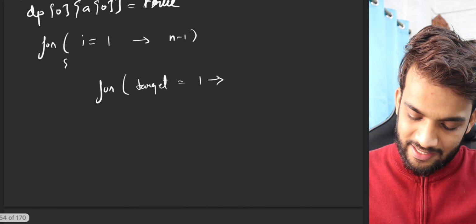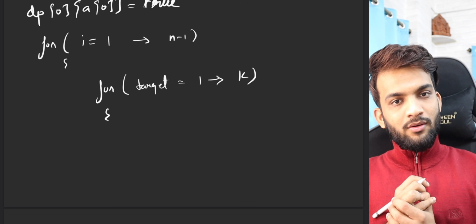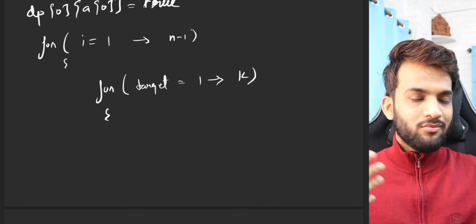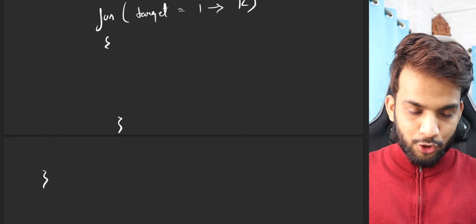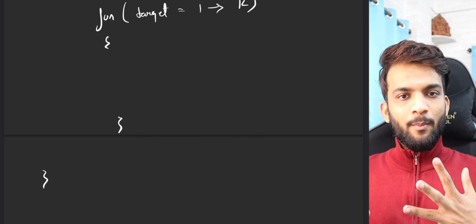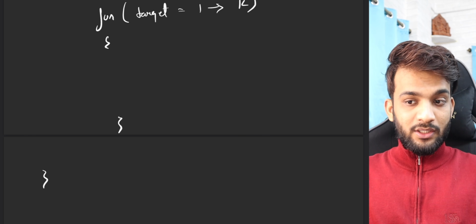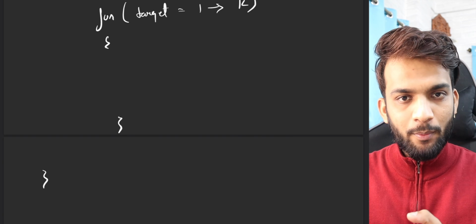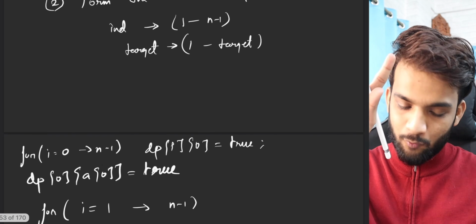Let's assume the target is K. So 1 to K. Perfect. Good. Now copy paste the recurrence. No need to do anything else. So I'll show that when I code. Now it's time to code and then we will talk about the space optimization as well. We just need to copy paste the recurrence and we will show that in the code because it becomes a lot easier. But only 2 steps you have to remember.